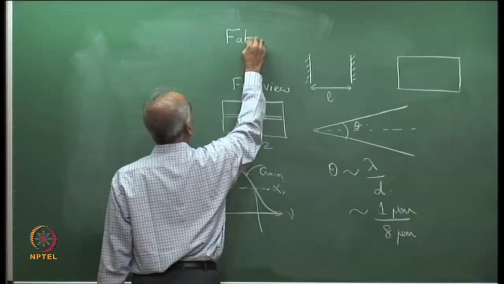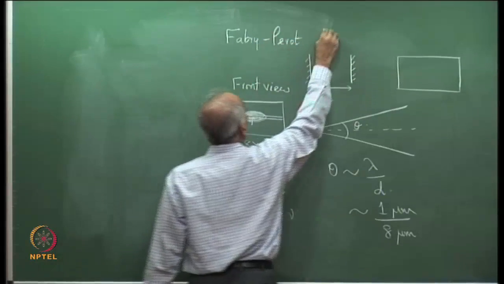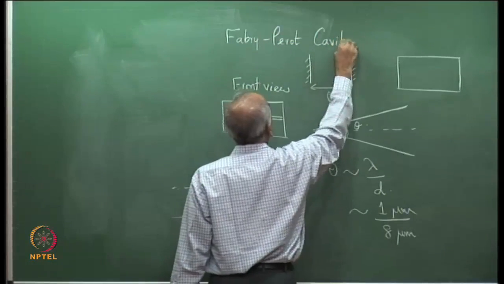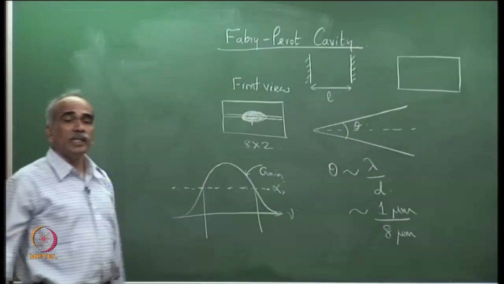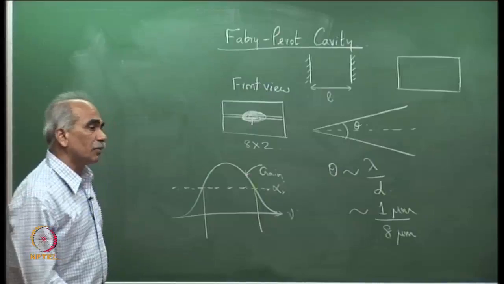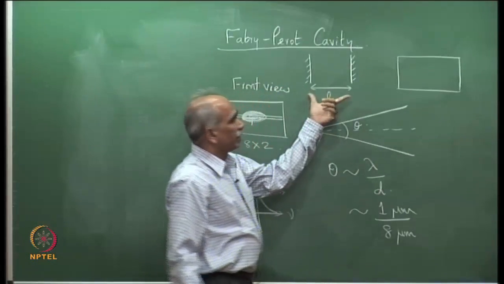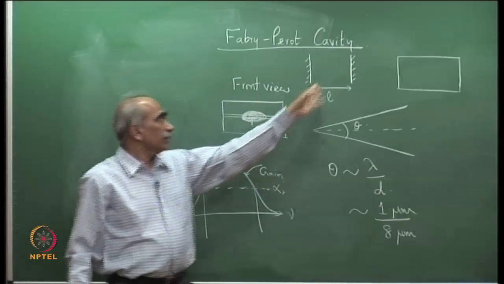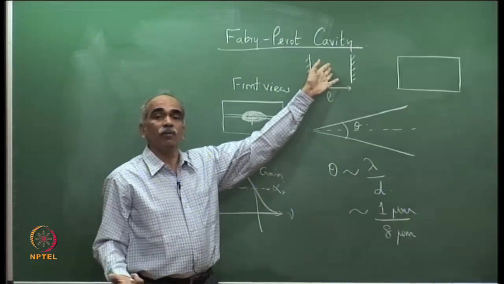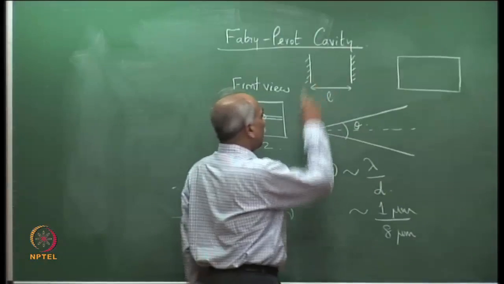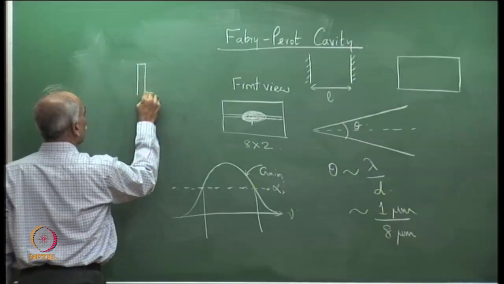So, Fabry-Perot. There are Fabry-Perot interferometers which are widely used in optics with a large number of applications. A cavity formed by two mirrors separated by a distance d. The intermediate region may have a medium also, and a Fabry-Perot cavity which has a fixed distance like this.